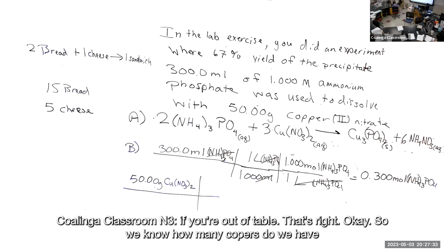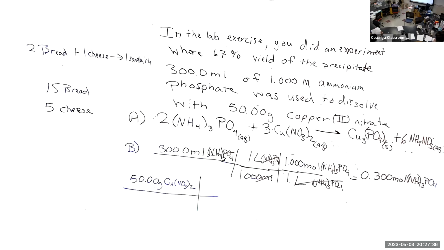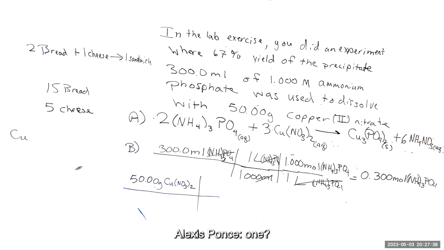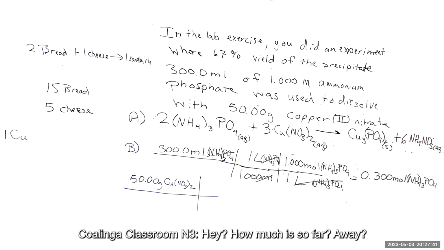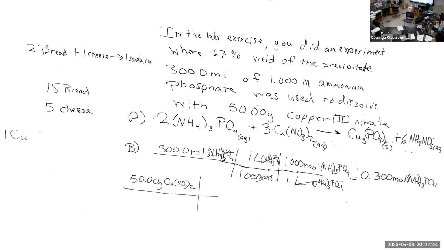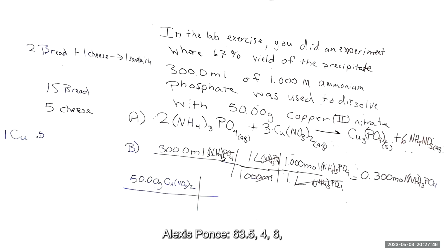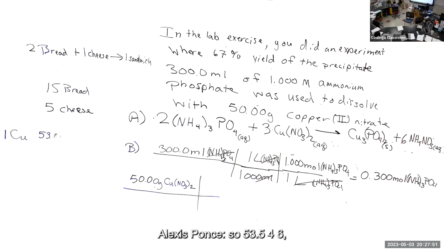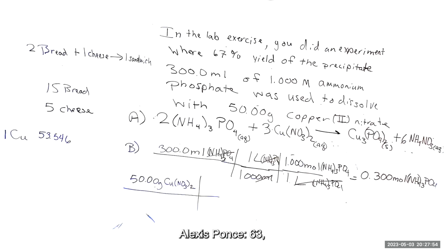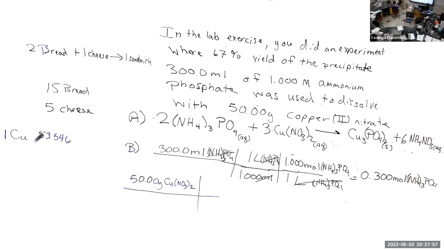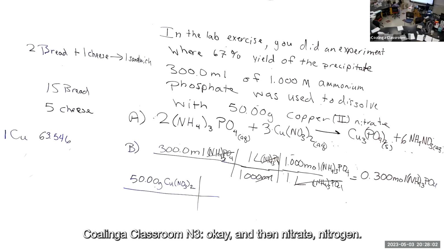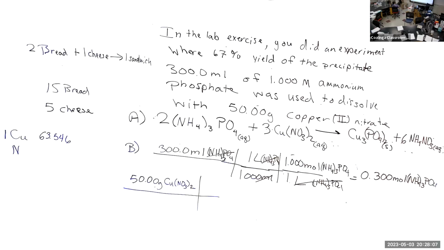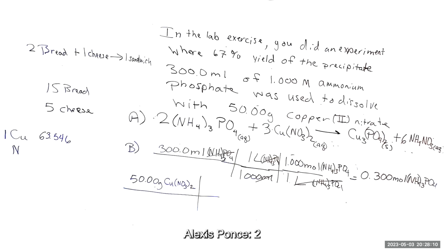Okay, how many coppers do we have? 1. How much does copper weigh? 63.546. And then nitrogen: how many nitrogen do I have? 2.